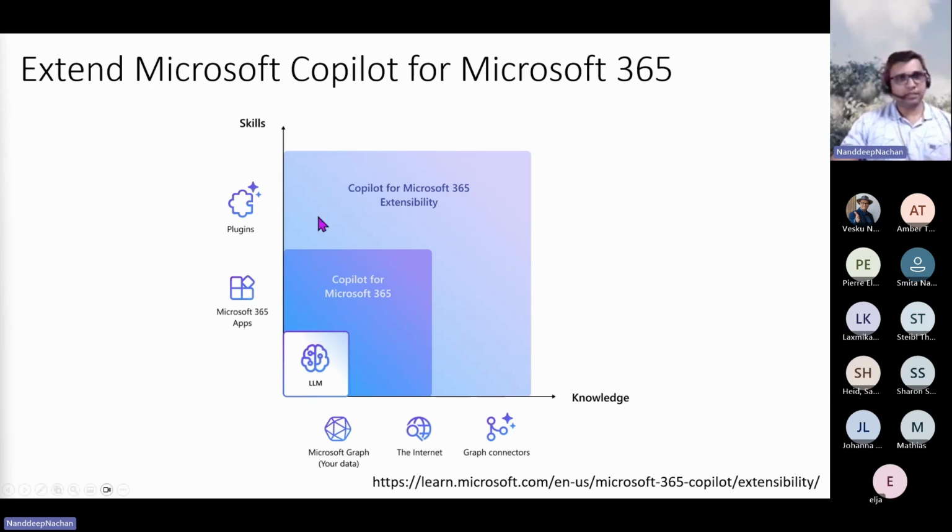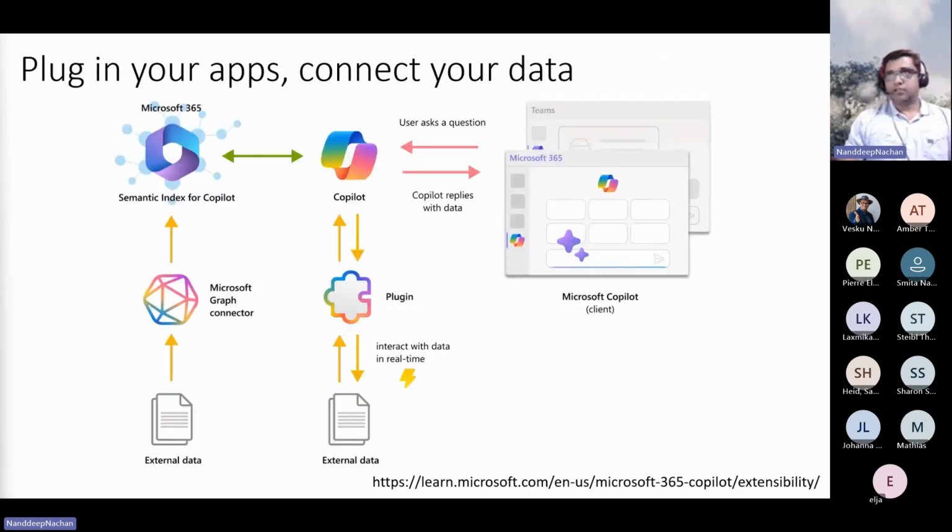But plugins are pretty easy to create. If you are working on the Power Platform, or if you are a developer, you can create your own plugin. There are also a few out-of-the-box plugins available that we are going to demonstrate. All right, so with that, let's see how you can use those plugins to connect to your data.